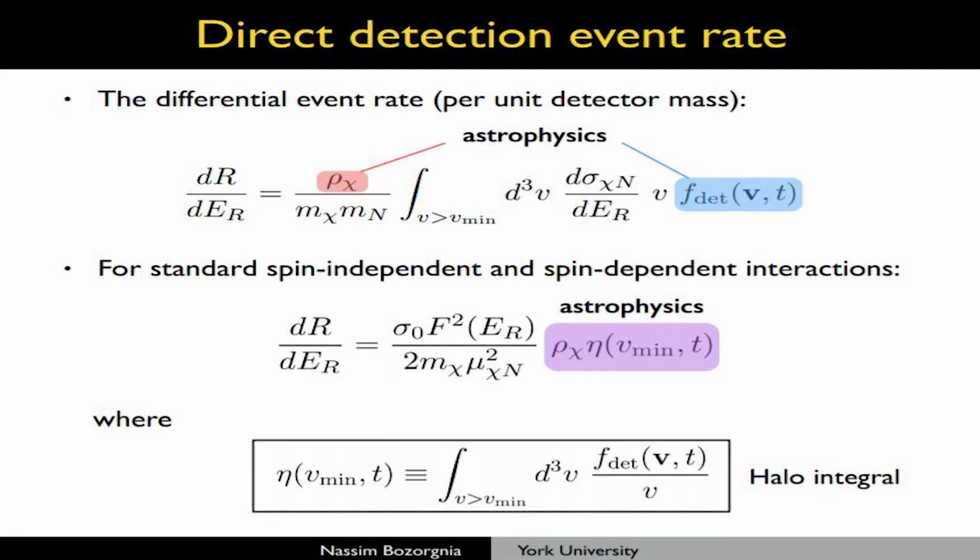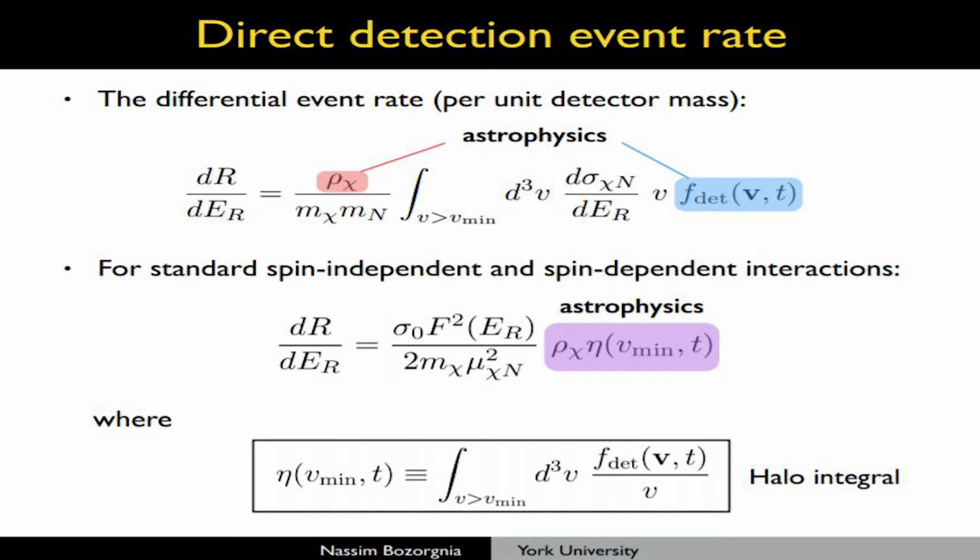And so all the v dependence in this integral can be written in terms of this so-called halo integral. You have to take your velocity distribution from the galactic frame to the detector reference frame, and then integrate it over all velocities larger than your minimum dark matter speed. Then your rate becomes proportional to your astrophysical contribution, from this halo integral, times the local dark matter density.